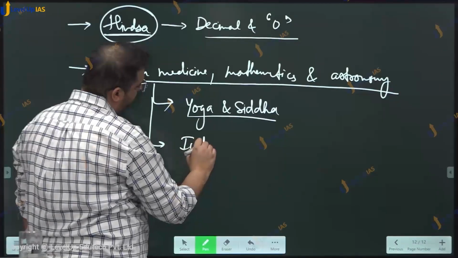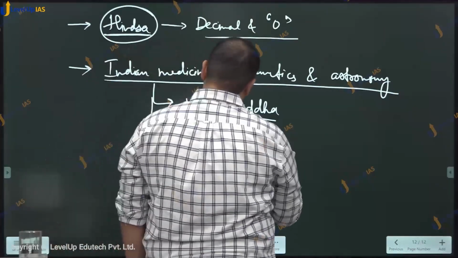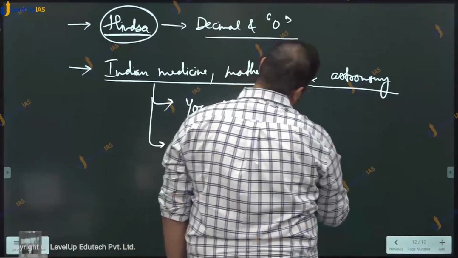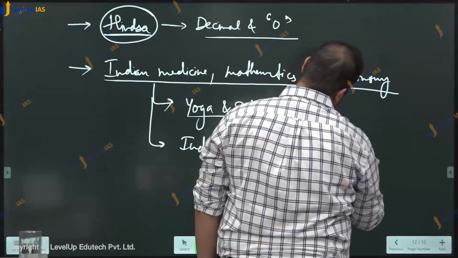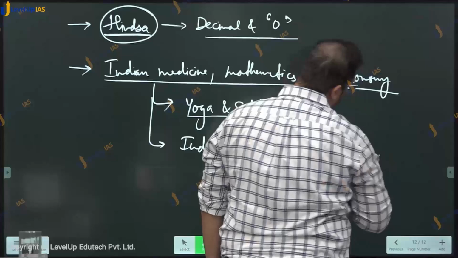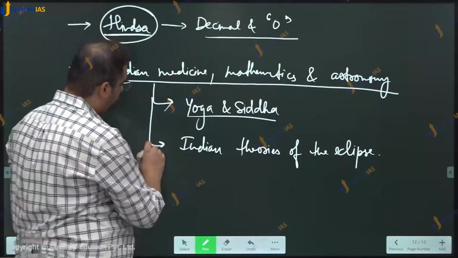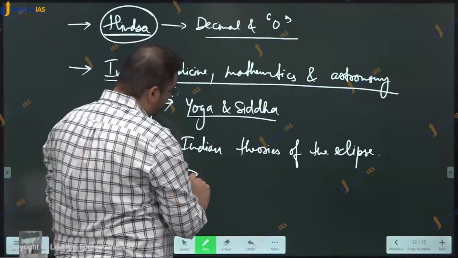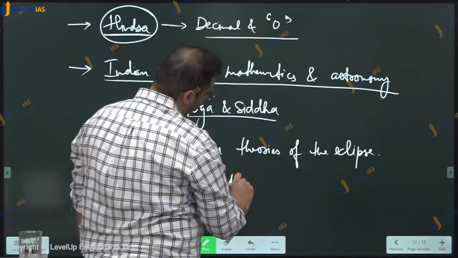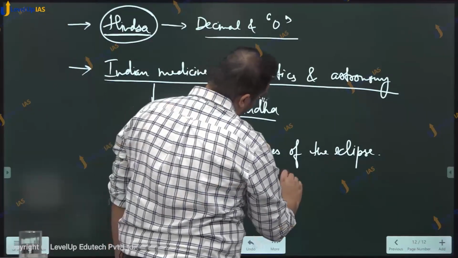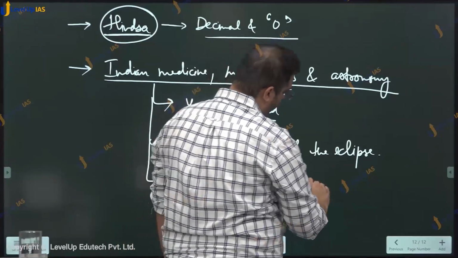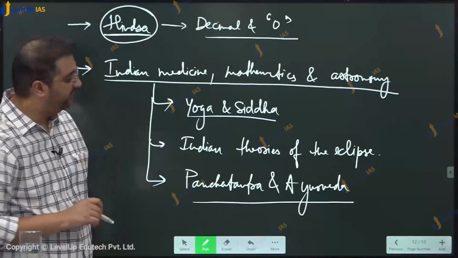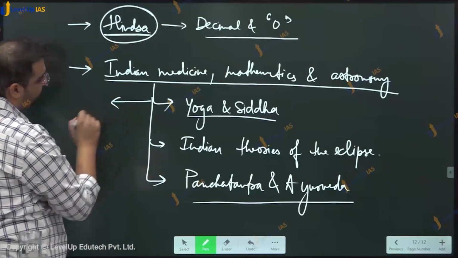The Indian theories of the eclipse were adopted. Indian works such as the Panchatantra and Ayurveda were translated into Arabic, right?